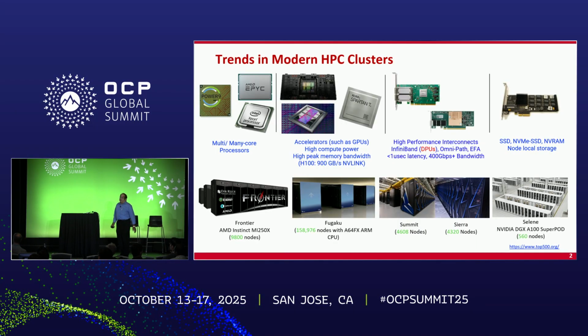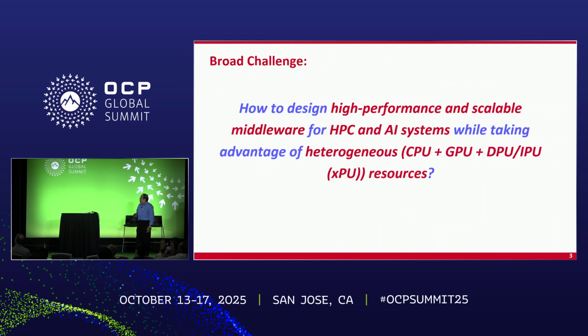Now, if you take a look at very modern clusters at a very high level, we have all these different components: multi-core processors, many-core processors, accelerators, of course different interconnects or SmartNICs, and especially this is where the DPUs are coming, and of course, the storage. That is the commodity environment we see in a lot of systems, which are being deployed both on-premise as well as on the cloud.